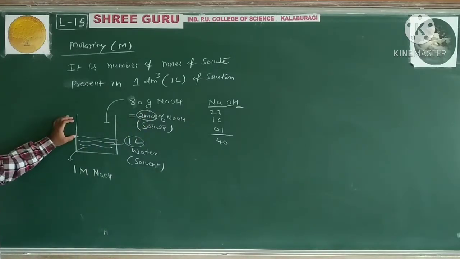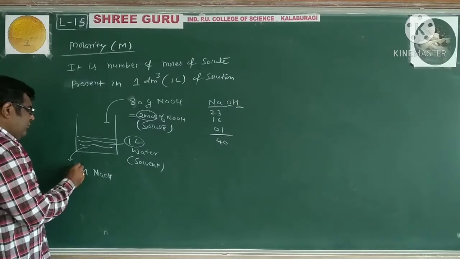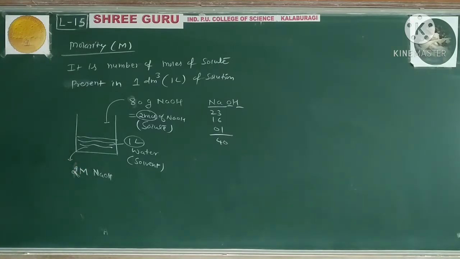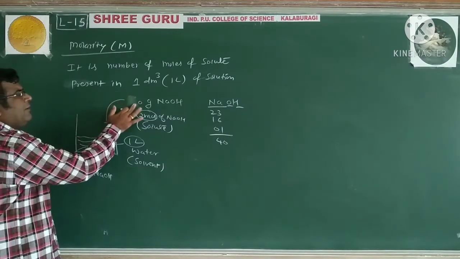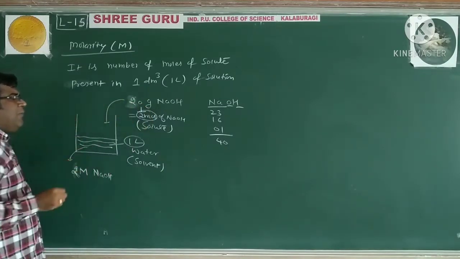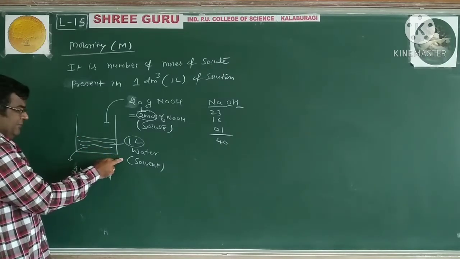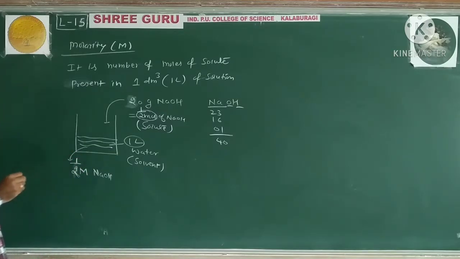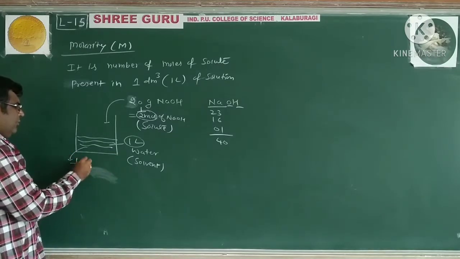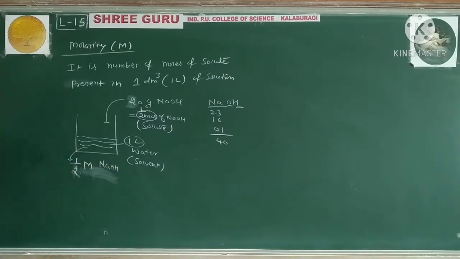Now we can say that this solution is more concentrated because it contains more solute, and it is now 2 molar sodium hydroxide solution. If we add 20 gram of sodium hydroxide, it is half mole of sodium hydroxide still dissolved in 1 liter, and we say that we have 1 by 2, that is 0.5 molar sodium hydroxide solution.